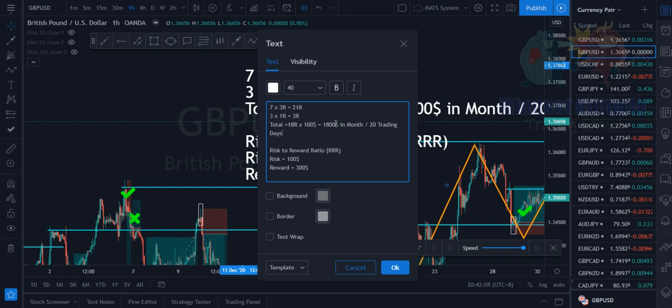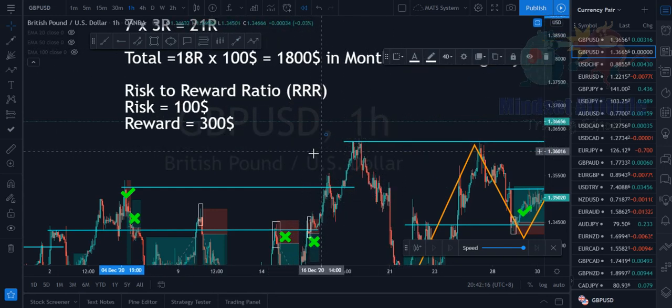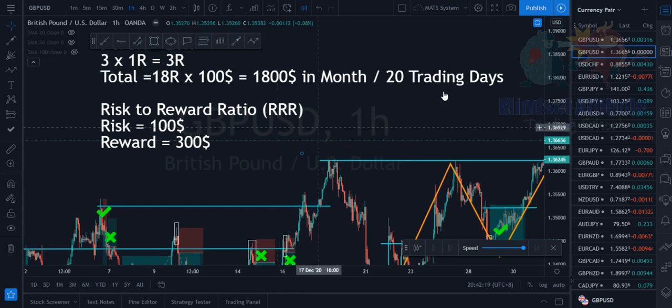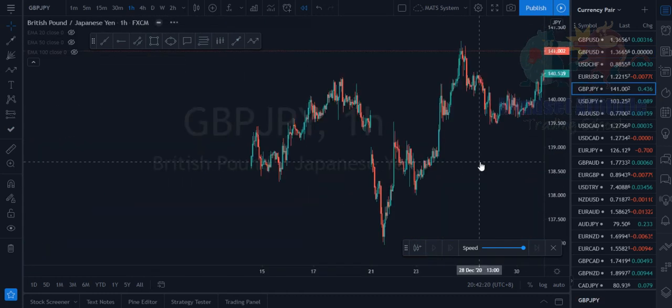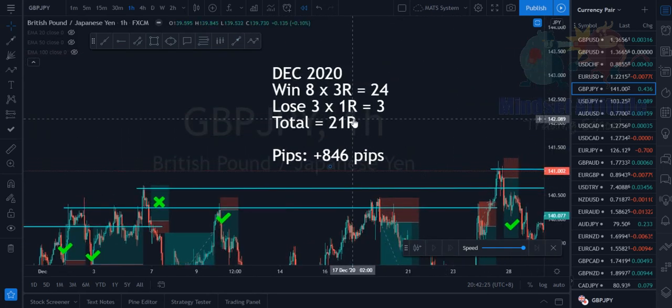Do you like that? This is just for GU. If on GU you're making $1,800 a month, is it good? I don't know, all right, depending on appetite. 21R, $100, $2,100 plus $1,800. How much? Think about that.